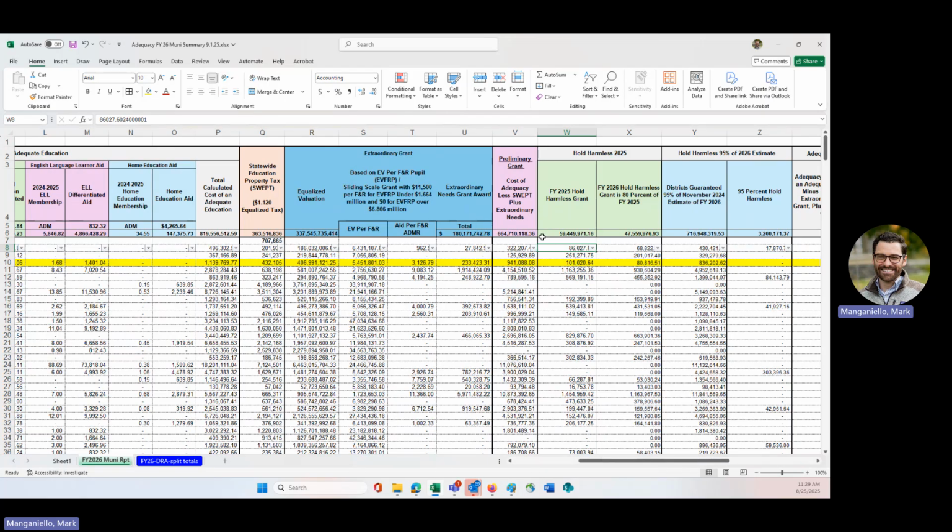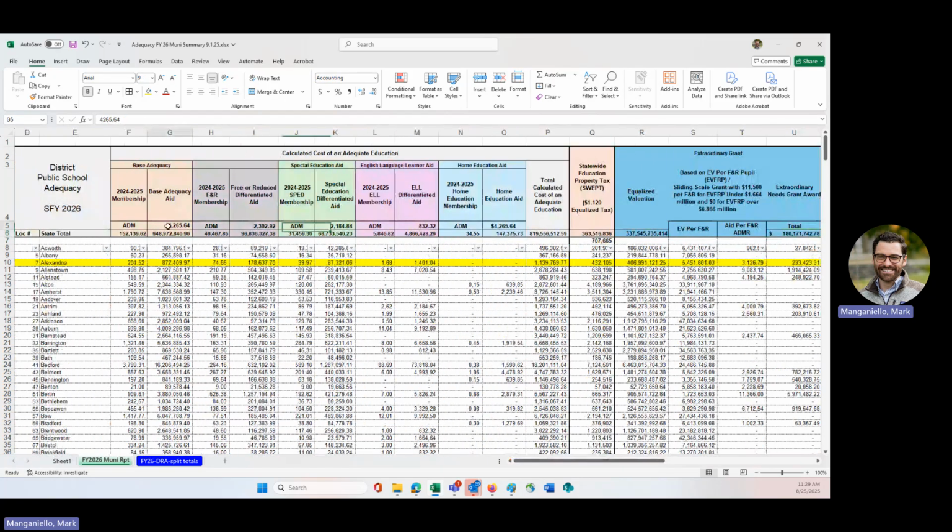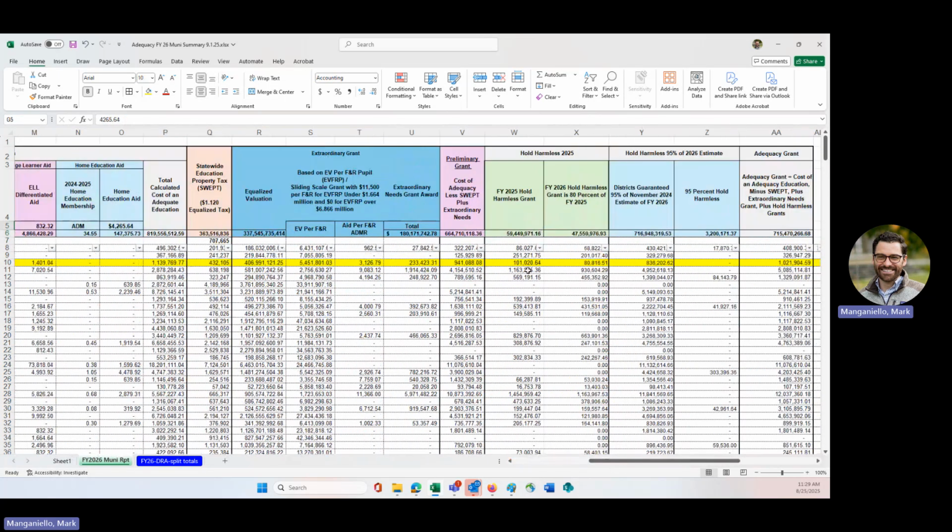And so if in fiscal year 2024, so we're talking about 12 years later, the increases in Extraordinary Needs Grant and base aid, those positive changes in the formula to increase your funding, were not as much as the funding you received in the stabilization grant, because the stabilization grant went away, then you were held harmless in fiscal year 24 to that number.